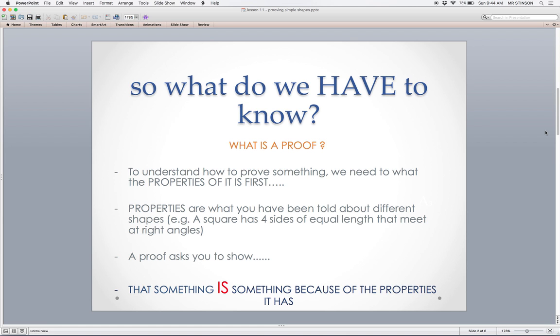Now, properties are what you have already been told about different shapes, e.g. that a square has four sides of equal length that meet at right angles, that a triangle has three sides, that a rectangle is a four-sided shape with two pairs of corresponding sides that are parallel. So simply, a proof asks you to show that something is something because of the properties it has.